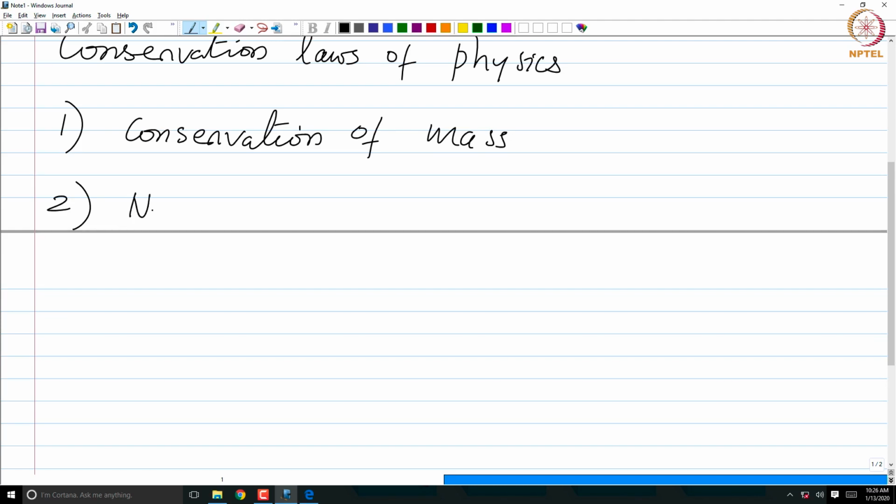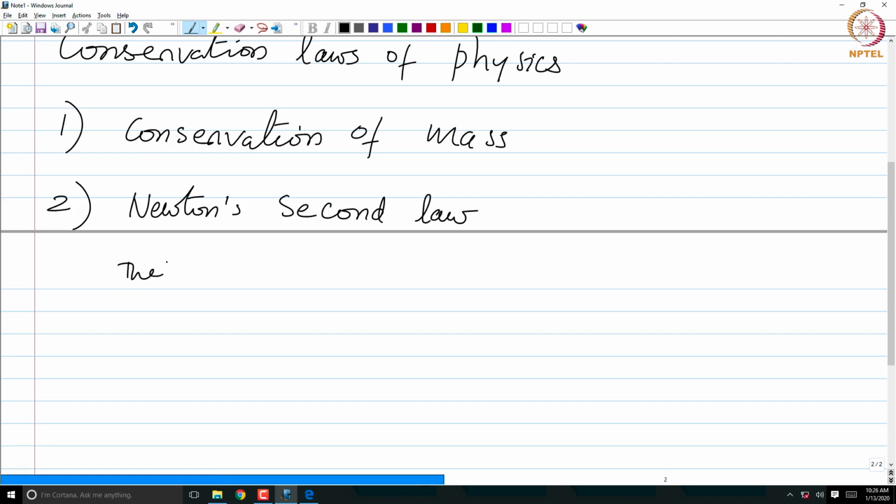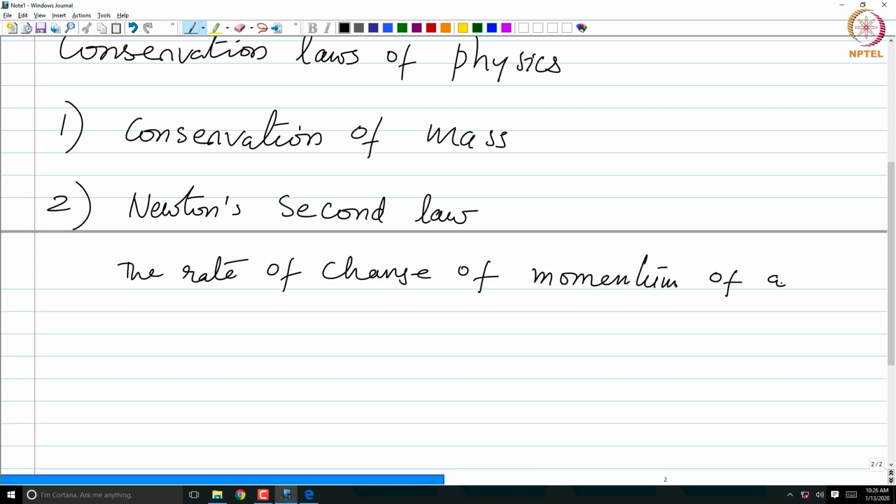So that is Newton's second law, which says that the rate of change of momentum of a fluid particle that we are following equals what?